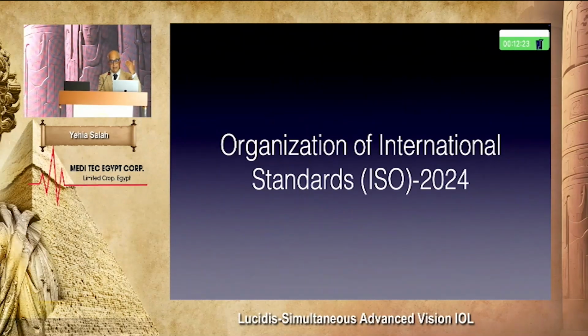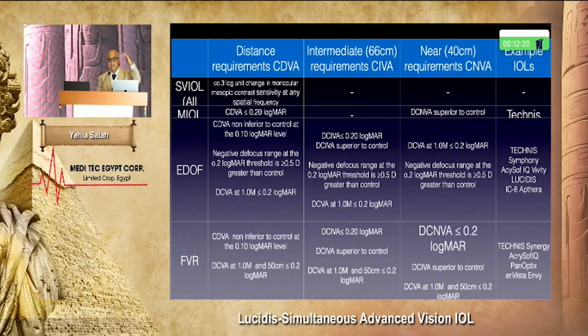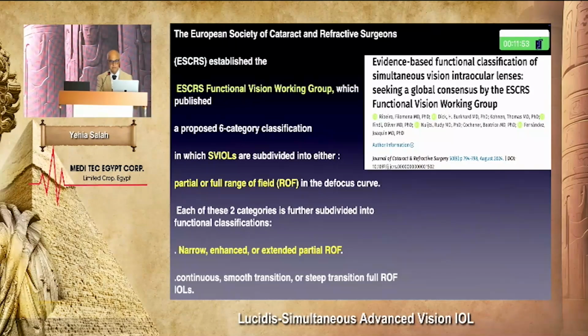And this is the organization standard, and they put every group of the simultaneous vision IOL, under which you have the monovision, extended depth of focus, full vision range. And they tell you exactly what criteria the lens should fulfill, so you can name it extended depth of focus or multifocal or full range of vision.